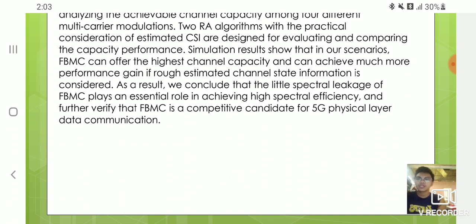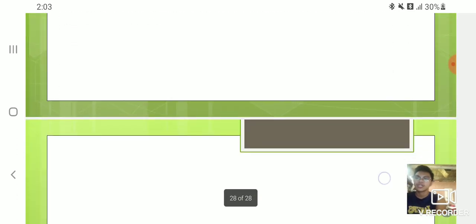Simulation results show that in our scenarios, FBMC can offer the highest channel capacity and can achieve much more performance gain if rough estimated channel state information is considered. As a result, we conclude that the little spectral leakage of FBMC plays an essential role in achieving high spectral efficiency, and further verify that FBMC is a competitive candidate for 5G physical layer data communication.